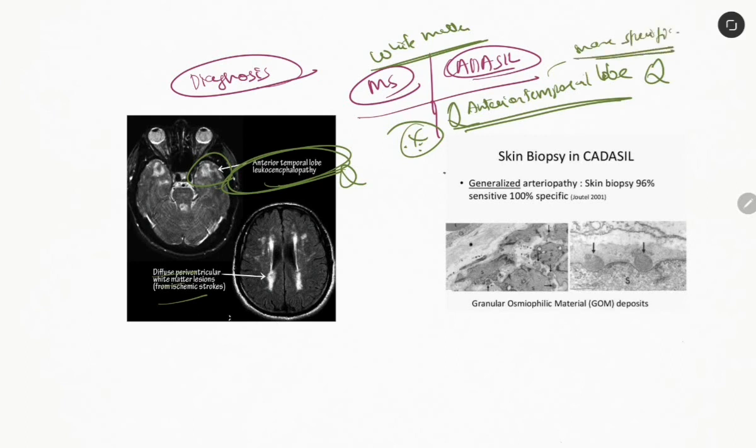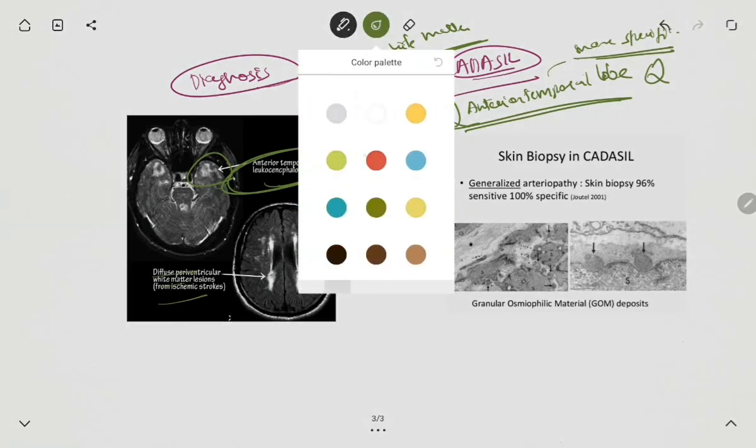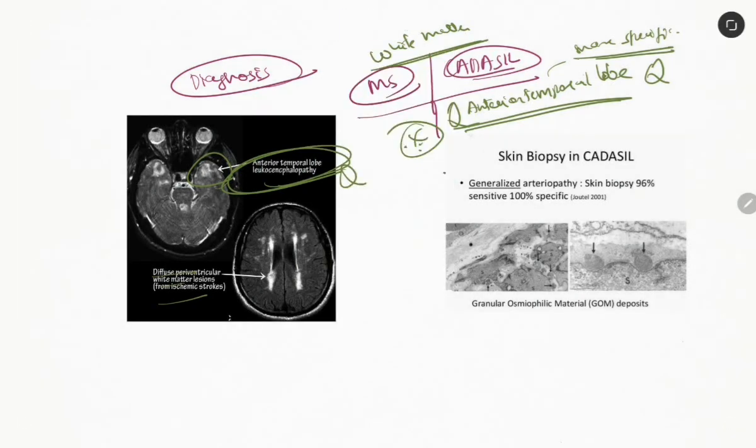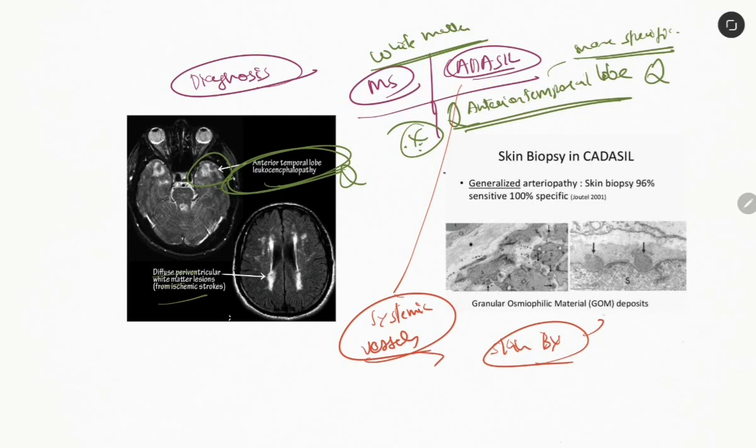The other thing I want to stress is that although CADASIL is a neurological disorder, it also affects the systemic vessels. Hence, if you do a skin biopsy, you will find the granular osmiophilic material.